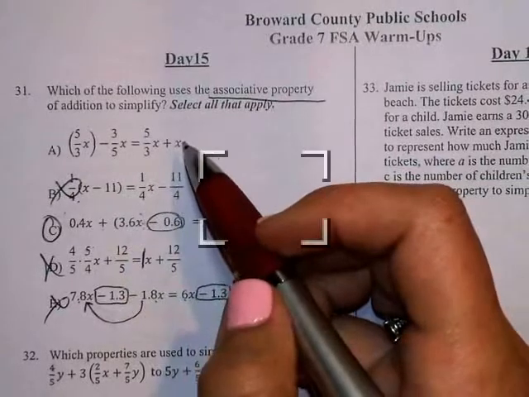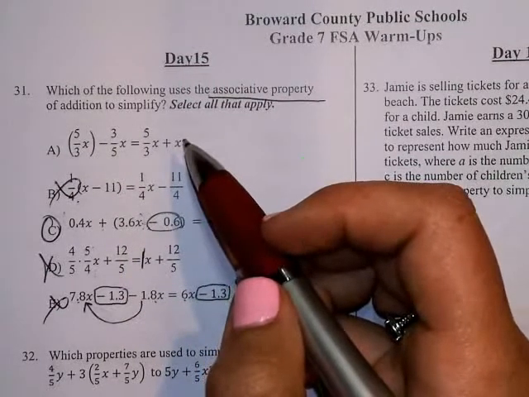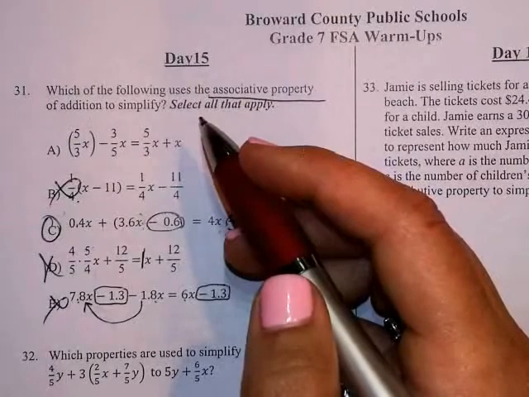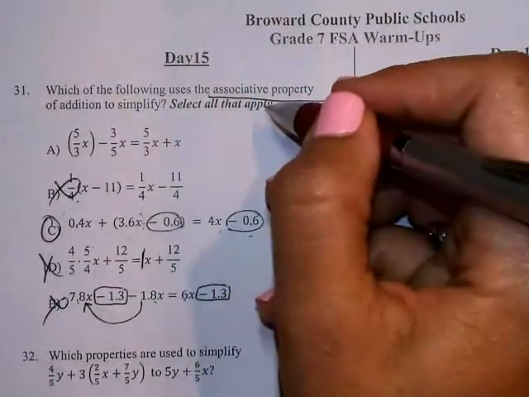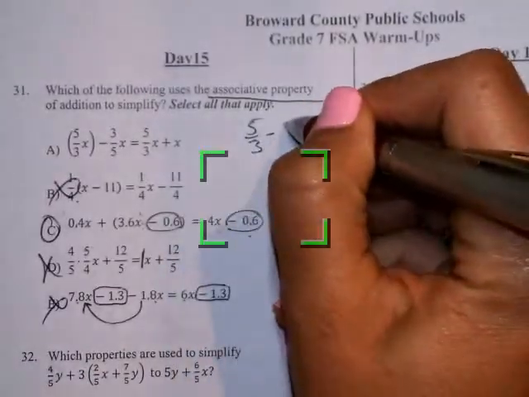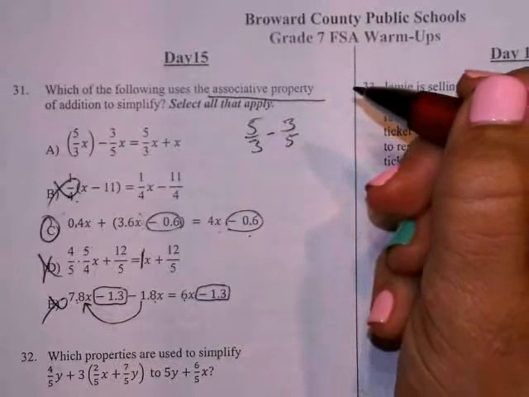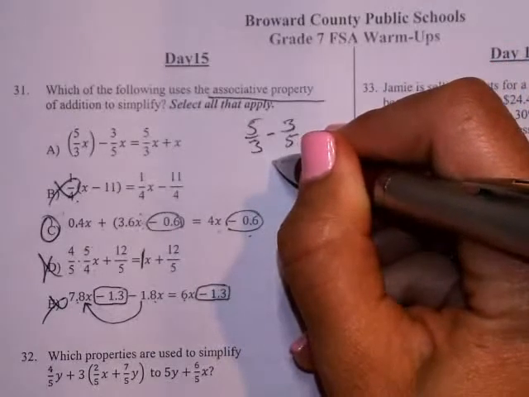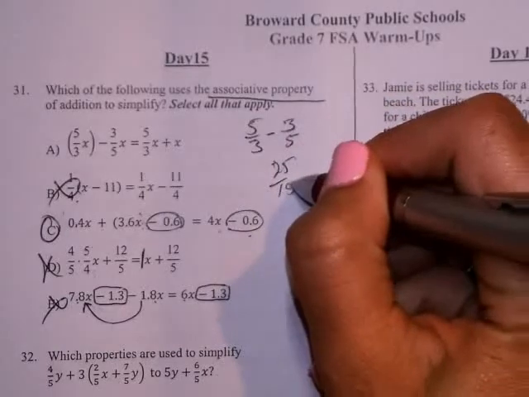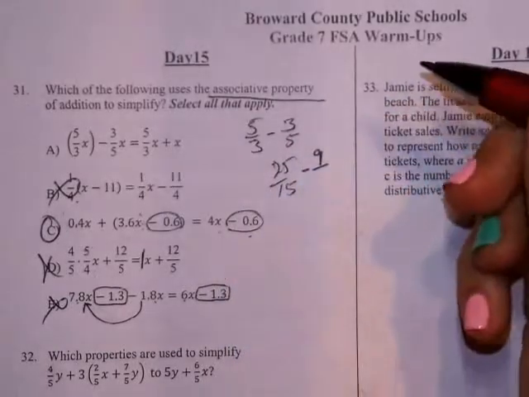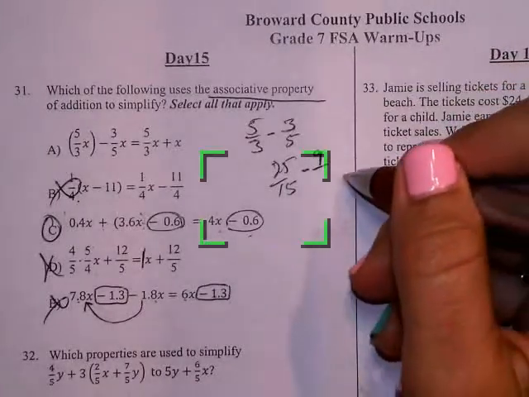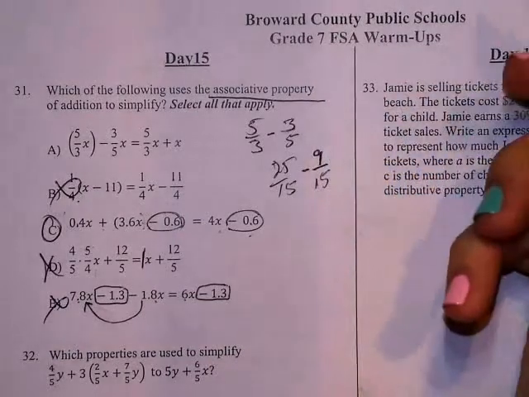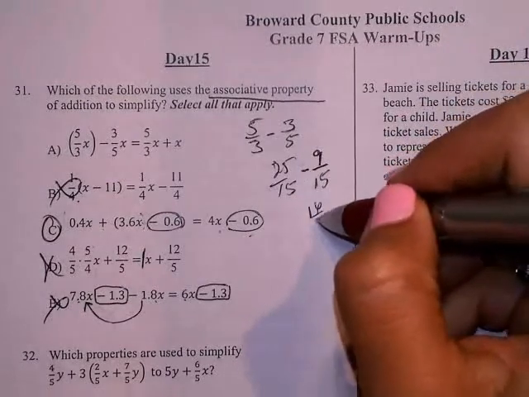5 over 3. Let me double check why. 5 over 3 minus 3 over 5, times 5 is 25 over 15 minus 9 over 15, 16 over 15.